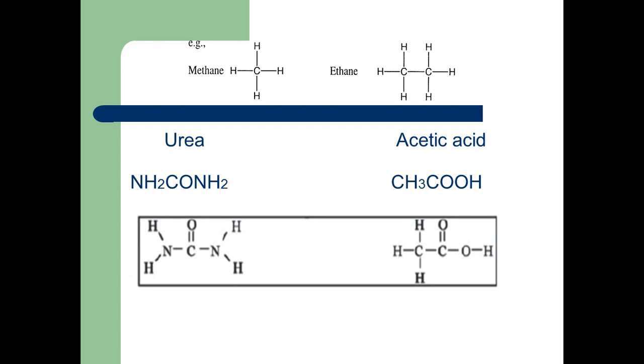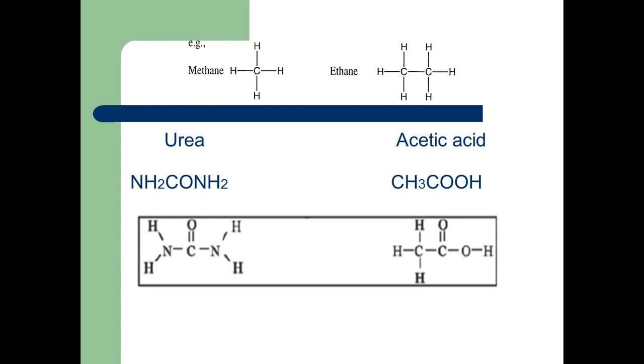In acetic acid, the first carbon is attached to 3 hydrogens and the fourth bond with the second carbon. The second carbon is attached to oxygen by a double bond and to the left carbon by a sigma bond, and to the right oxygen by only a sigma bond. Why?